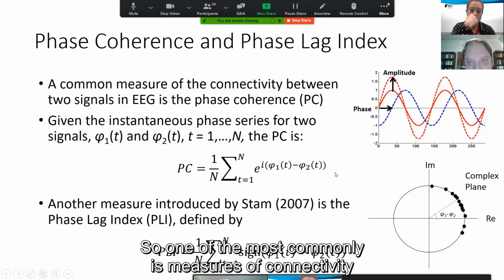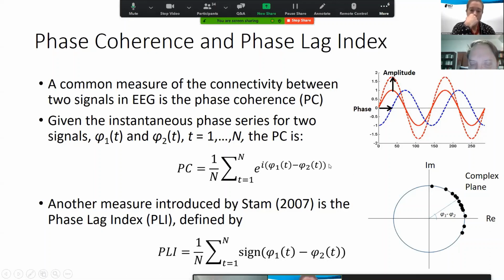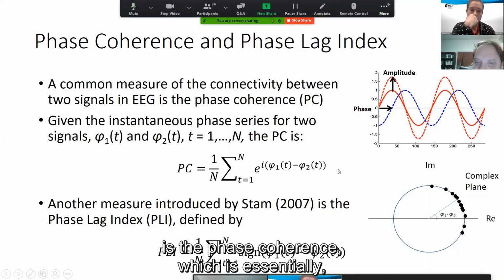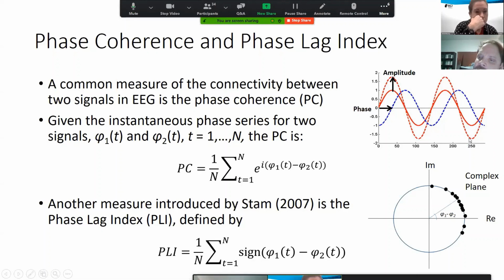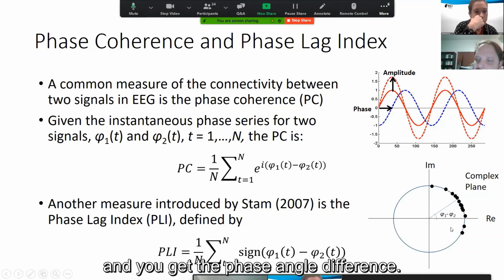One of the most commonly used measures of connectivity is the phase coherence, which is essentially you take a bunch of windows of the two signals, and you get the phase angle difference.